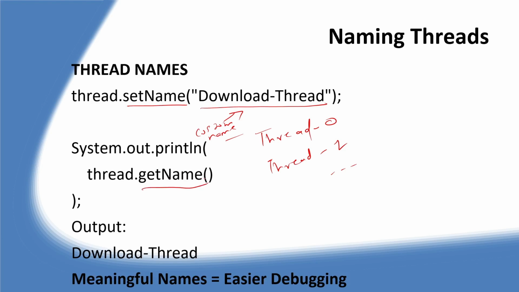It is very straightforward. Instead of getting Thread-0, Thread-1, we can provide a custom name and retrieve it. So when we look at logs or debug our applications, we can immediately understand that this thread is responsible for these lines of code. So we should always provide meaningful names to threads.